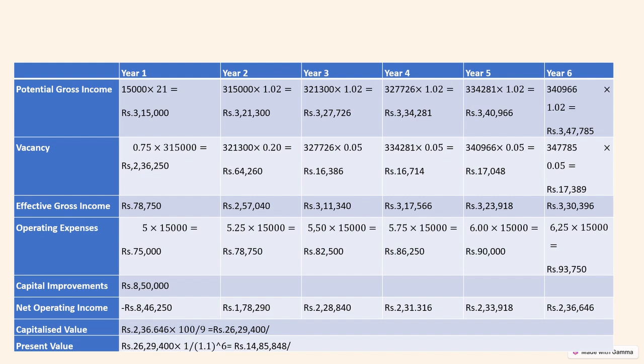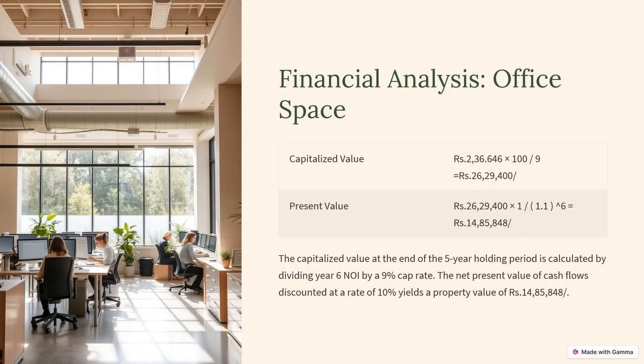You multiply it with 100 upon 9, the YP perpetuity, so the value comes out to be 26,29,400. But this value will be after 6 years, so you convert this value to present value. You multiply it with the present value factor, which is 1 upon 1 plus i raised to the power 6, because it is in the sixth year. So the present value comes out to be 14,85,848.